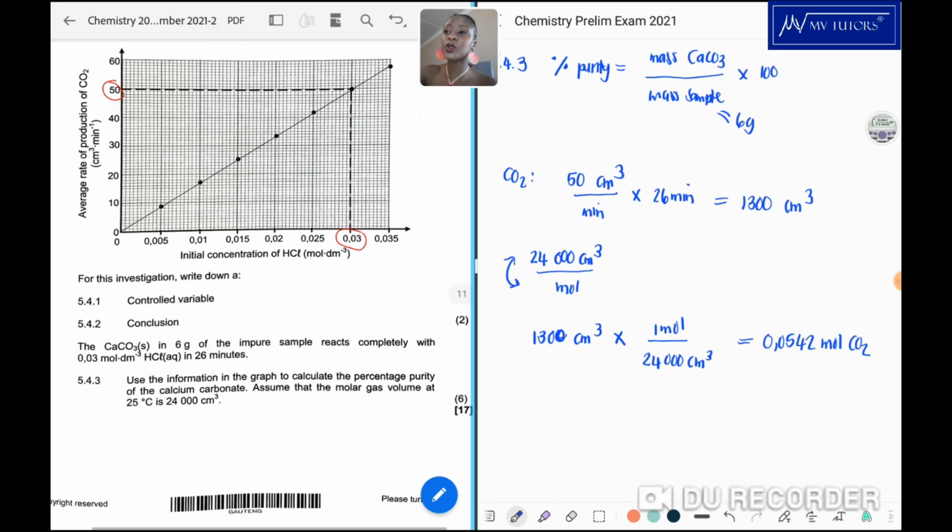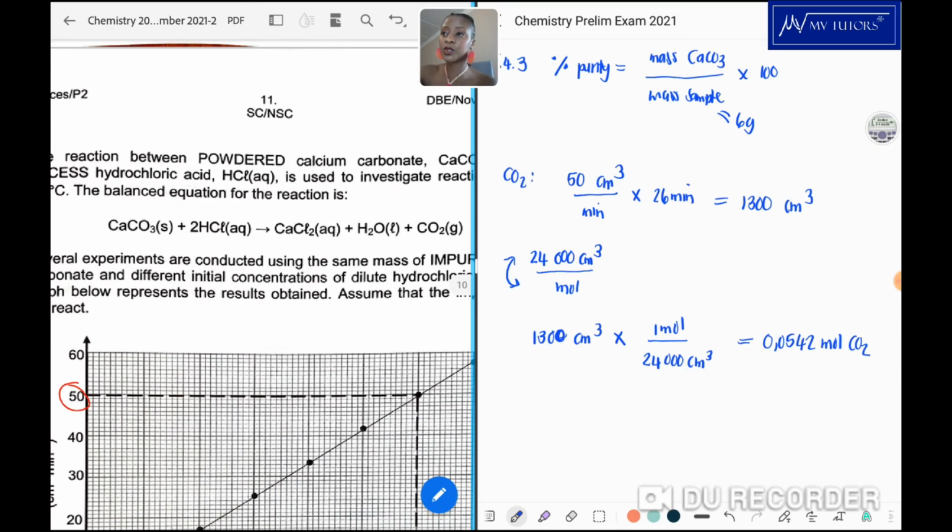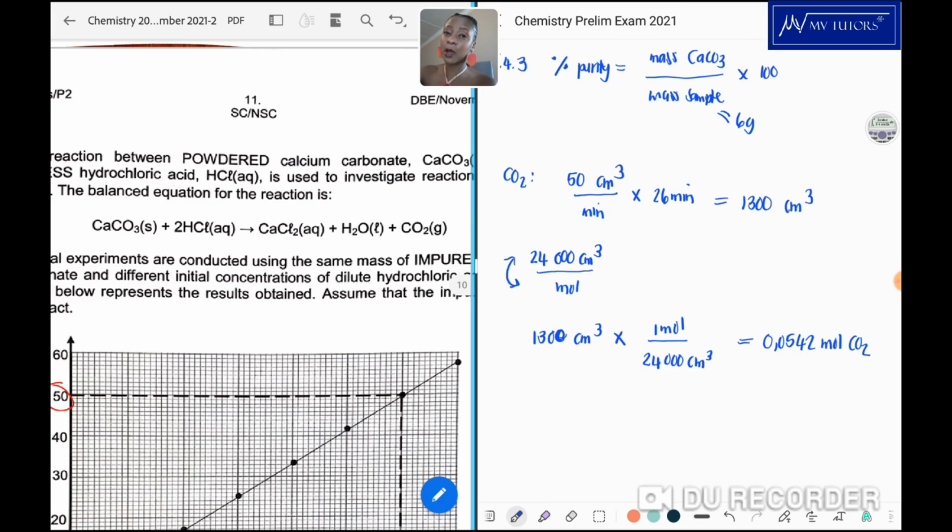Now we need to look at our equation and see the ratio of the moles. This equation is balanced, right? Let's check. Yes, we have 1 calcium, 1 calcium, 2 chlorines, 2 chlorines, 2 hydrogens, and 3 oxygens. So it is balanced.